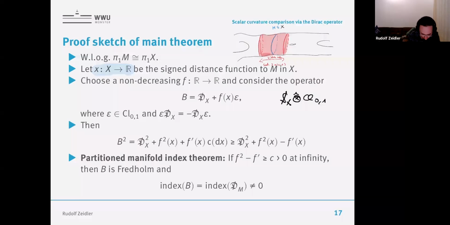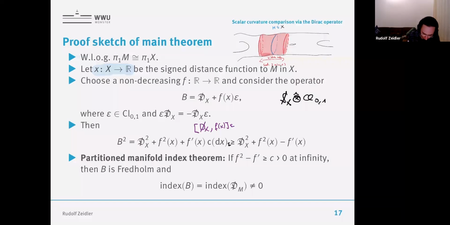But because of this anti-commutation property, here you will get the commutator of the Dirac operator with f of x. And I guess we also have an epsilon, which was missing here.